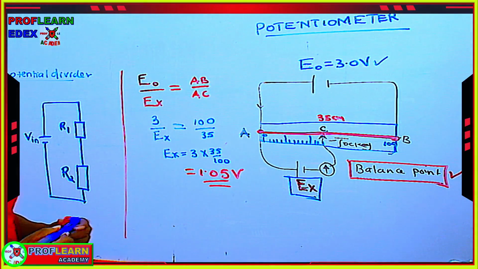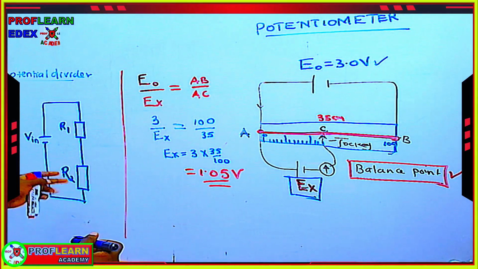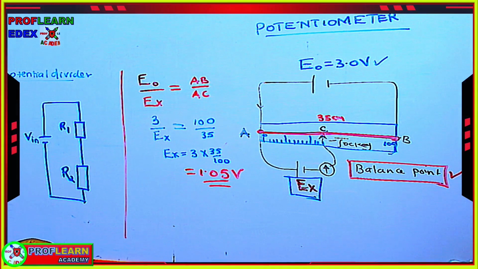Whenever you have these resistors in series, the total resistance in this circuit is going to be R1 plus R2. So total resistance is equal to R1 plus R2.